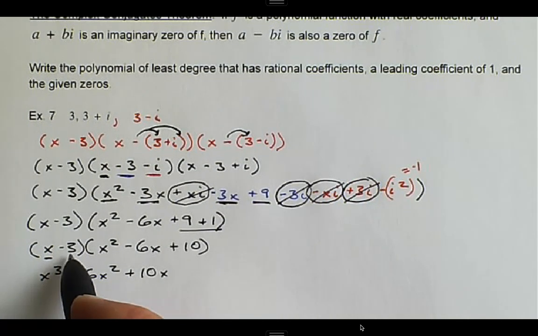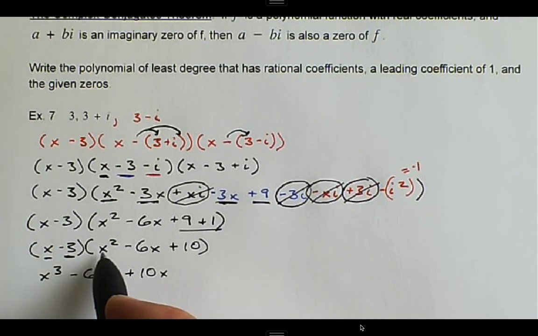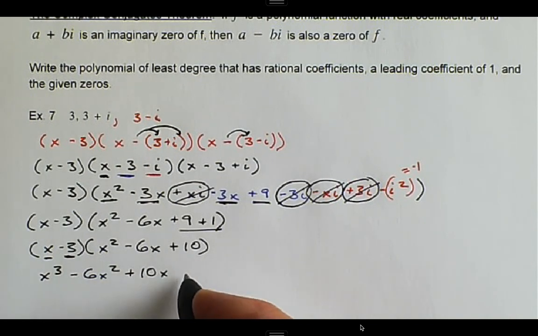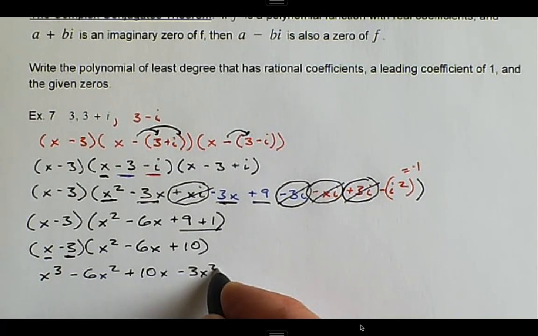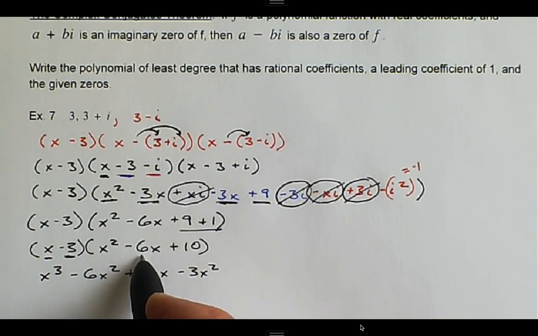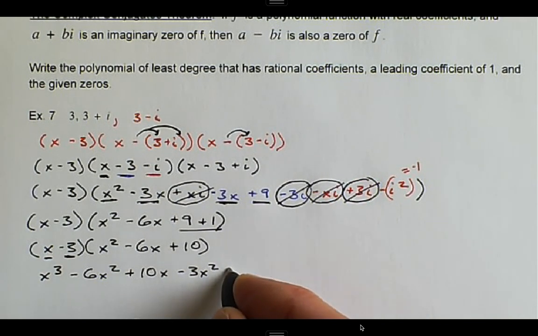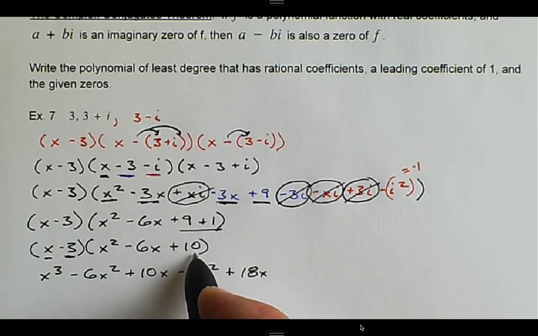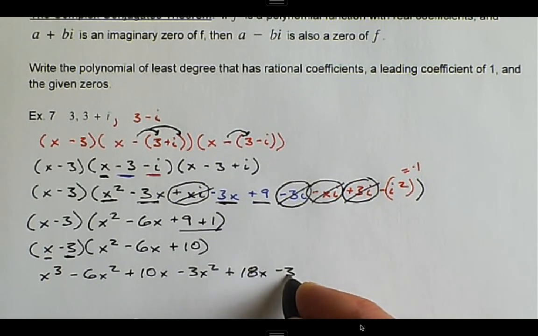And then we can work with the negative 3. Negative 3 times x squared is negative 3x squared. Negative 3 times negative 6x is positive 18x, and negative 3 times 10 is negative 30.